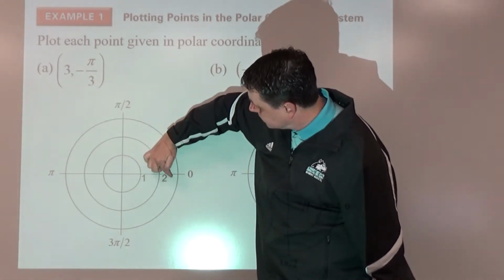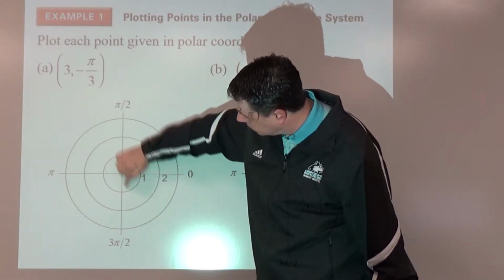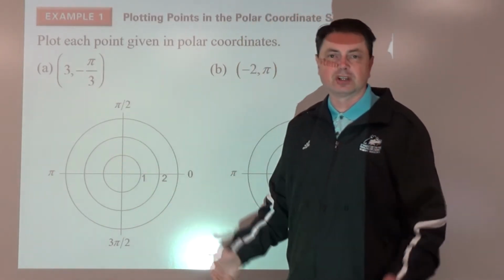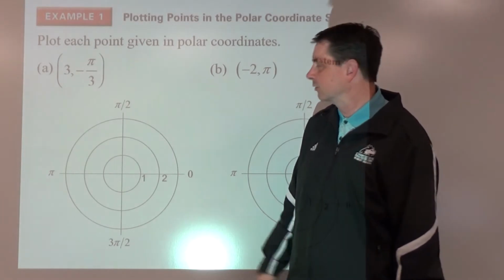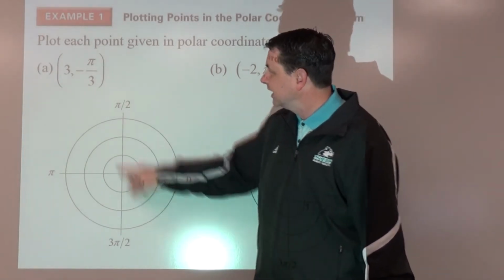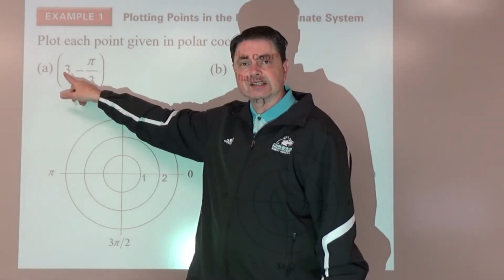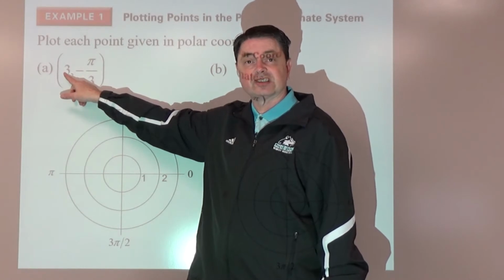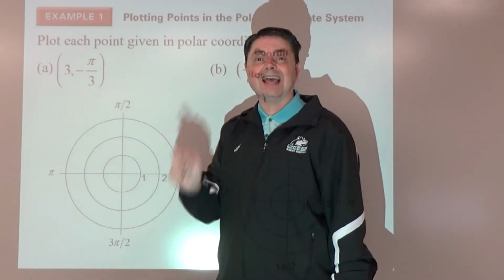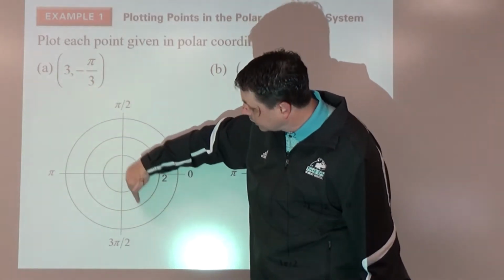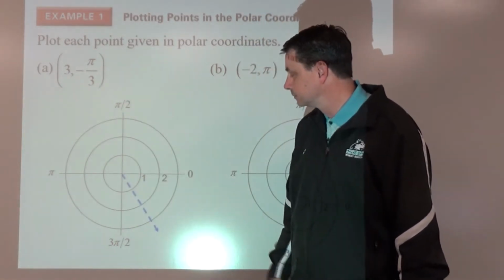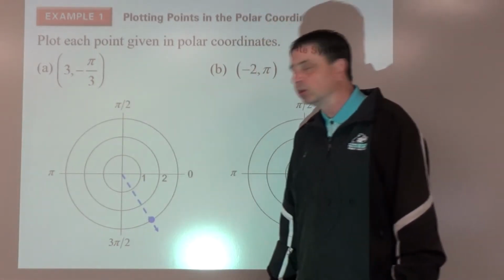Pi over 3 is a distance, so it's going to go right in there. You know that would be essentially coterminal to 5 pi over 3. That's where we're thinking. And then 3 is the directed distance away. Since it's positive, we want to go in that direction. 1, 2, 3, and put our point.